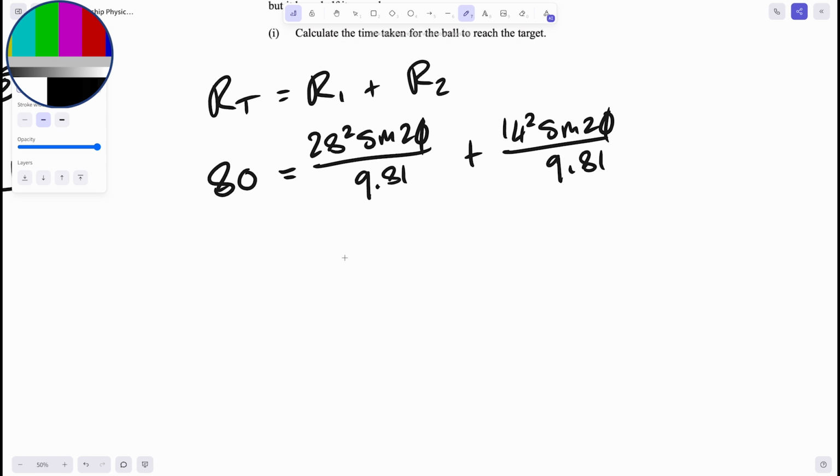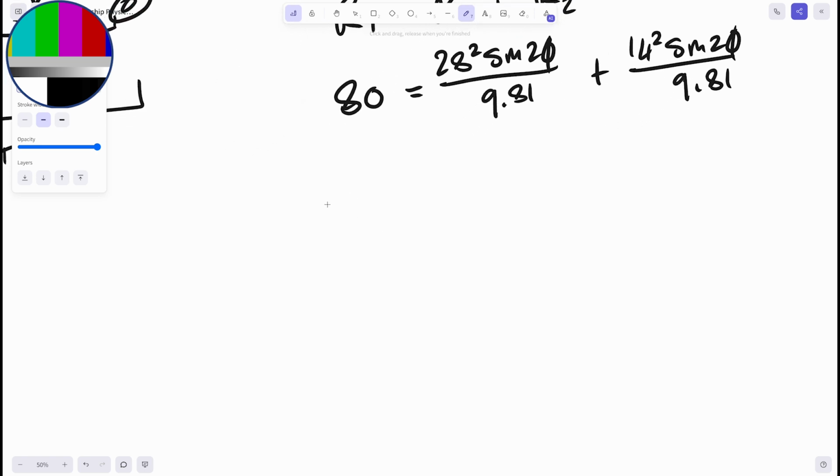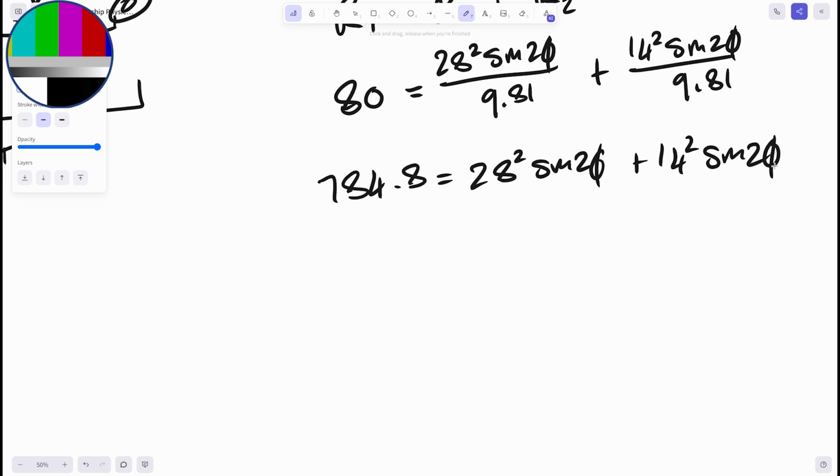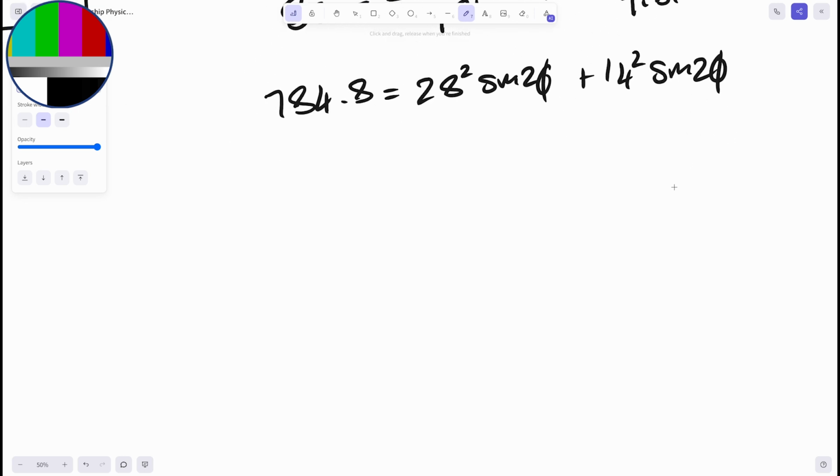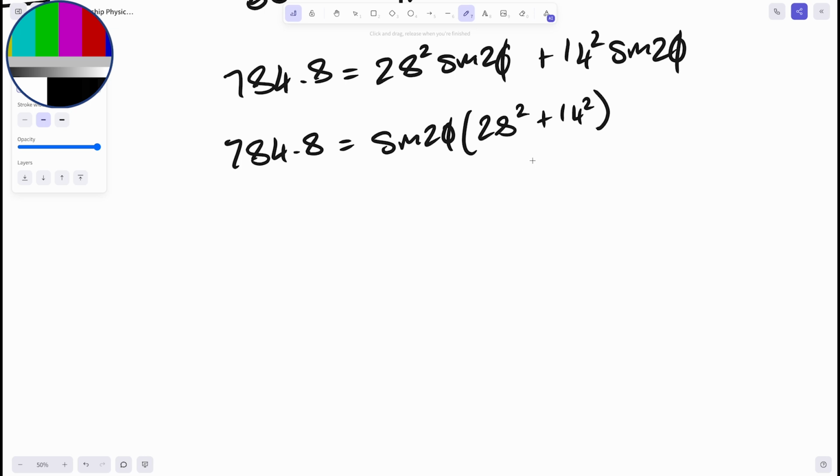Sine 2 phi, that is the exact same angle, divided by 9.81. Now, timesing both sides by 9.81, we get 784.8 is equal to 28 squared sine 2 phi plus 14 squared sine 2 phi. As we have sine 2 phi as a common factor, we can take it out. And now we can divide both sides by 28 squared plus 14 squared.